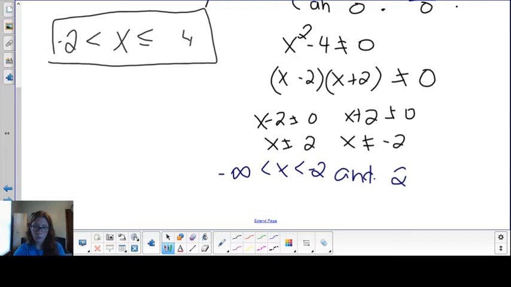We don't want to be equal to 2, just like we weren't equal to with the smaller side, because if it's equal to negative 2, it would give me 0. Now we're talking about the right side. So we have everything bigger than 2, all the way to positive infinity. And with positive infinity, it's just infinity, just like 5 is 5. We don't write the positive 5. It's just plain old infinity.